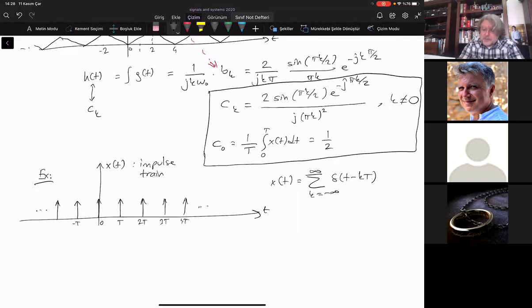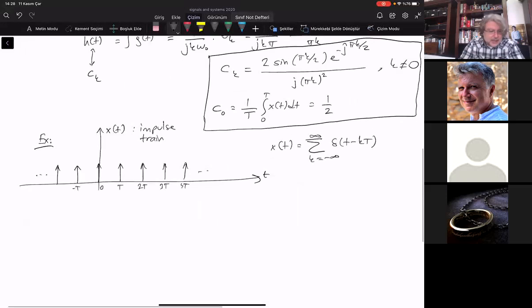Now the Fourier series coefficients must be evaluated, and they will be evaluated using the integral, because this is a fundamental signal. So let's not hesitate applying the Fourier series coefficient formula. What was it? It was 1 over capital T integral within a period, let's say from minus T over 2 to T over 2, within one period where only a single impulse remains.